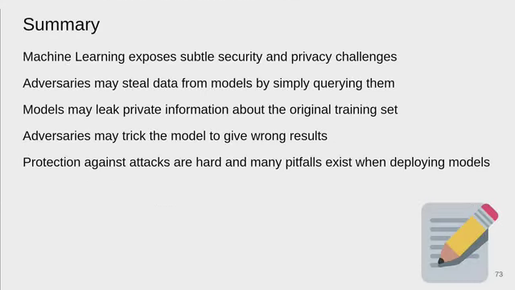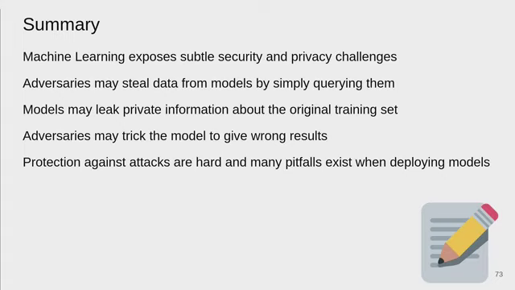Now, machine learning exposes subtle security and privacy challenges that you have to be aware of when designing and working with these systems. You have to classify them, you have to document them, and especially as the outcome is not rule-based, you have to be very much aware of them to not fall into these pitfalls. We've gone through 4 examples.